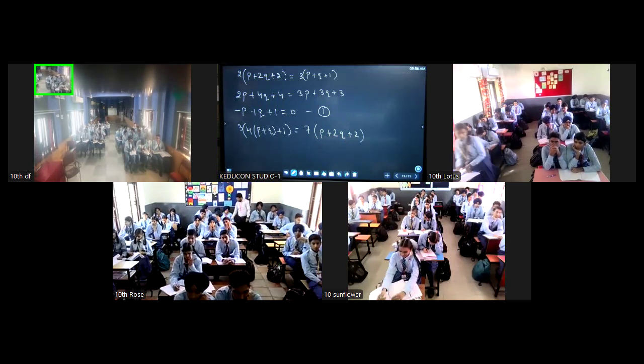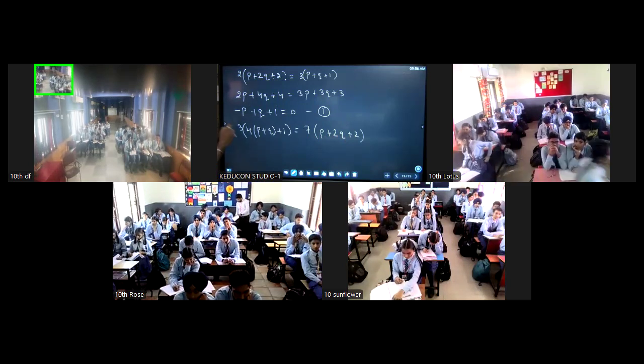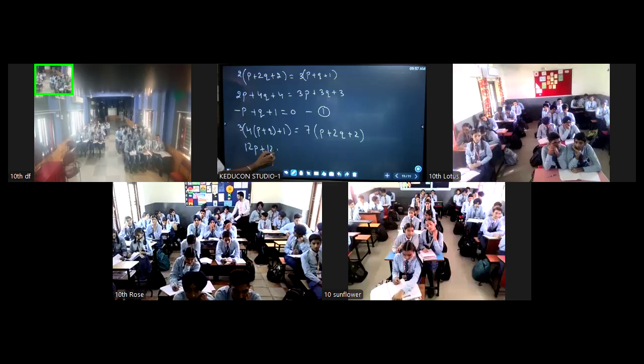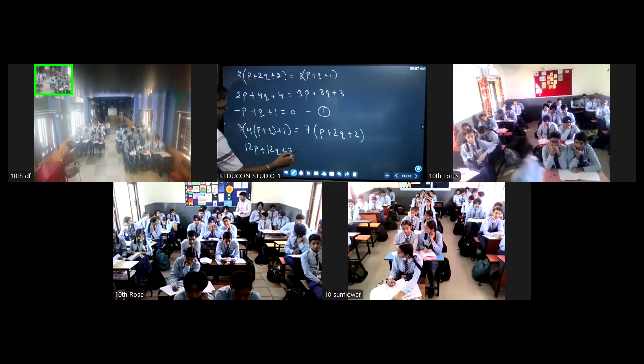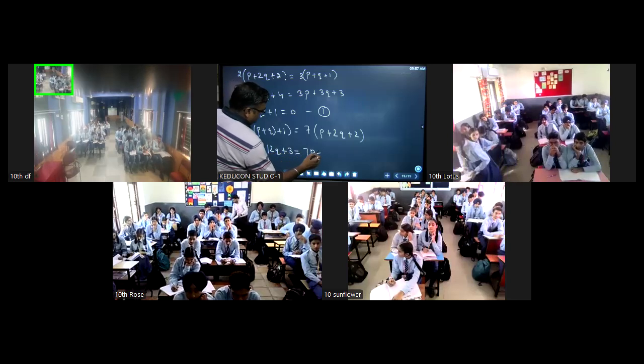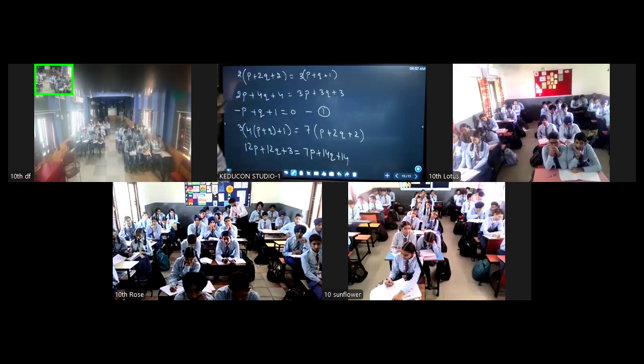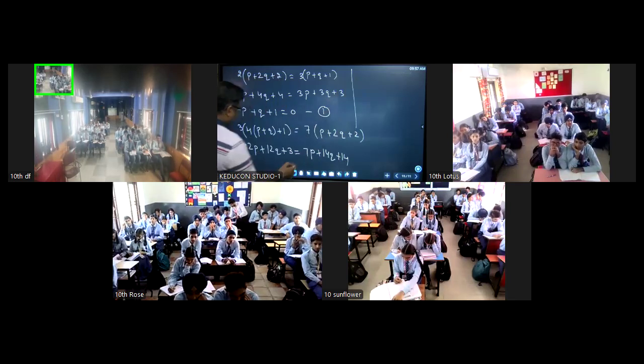Right students. So this 4 3 is 12p plus 12q plus 3 equal to 7p plus 14q plus 14. Right? So all the terms on the left hand side.